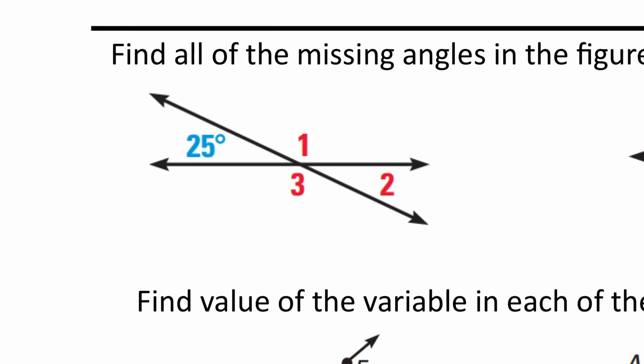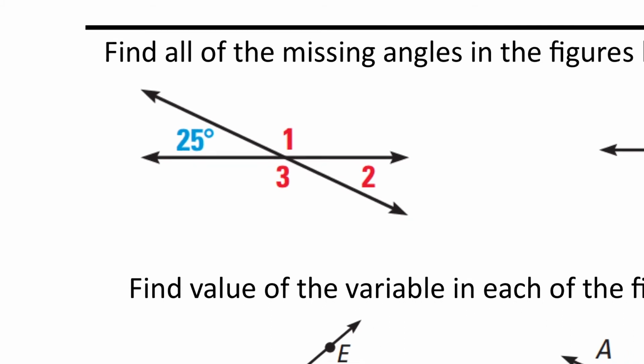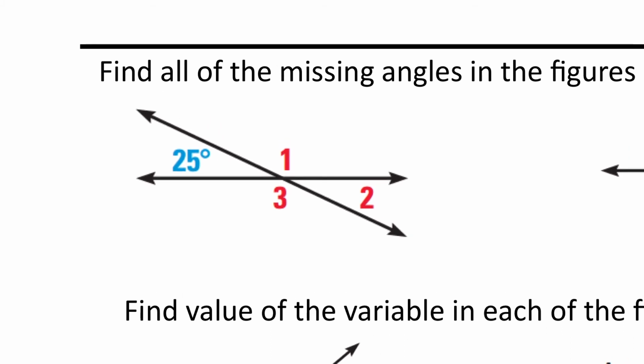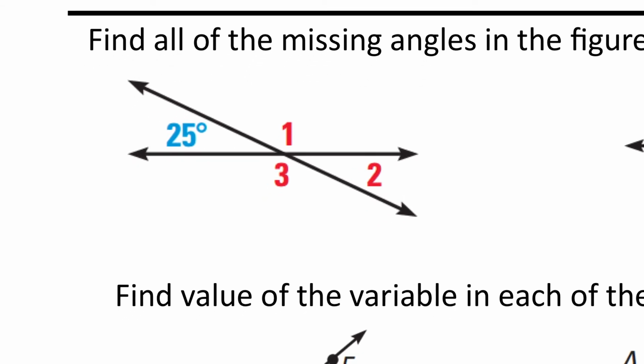All right, down here. So on this one, there's an angle that we basically know right off without having to think about anything. What angle do we know? Vertical angle. So angle which one? Angle 2 is what? 25. It's 25 because these two are vertical. That's right. Now from there, how am I going to find angle 1? Because what's up with angle 2 and angle 1? What are they?